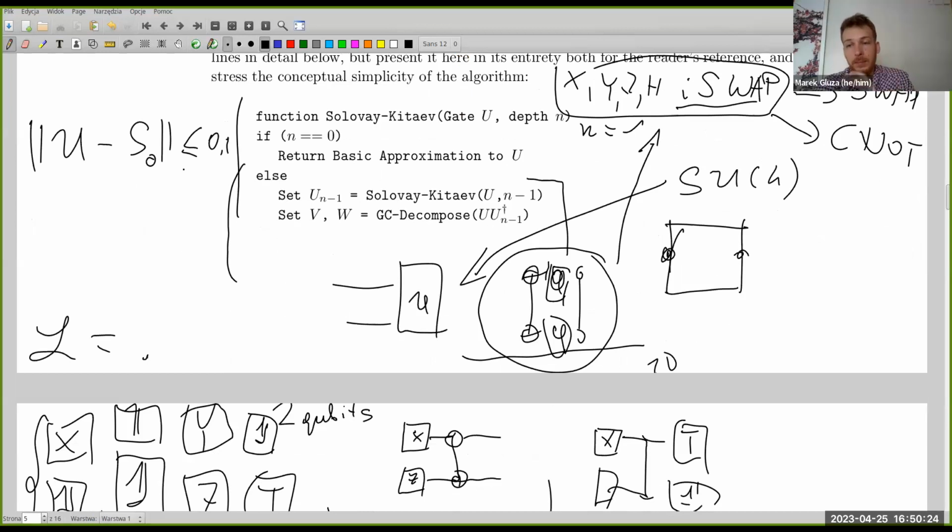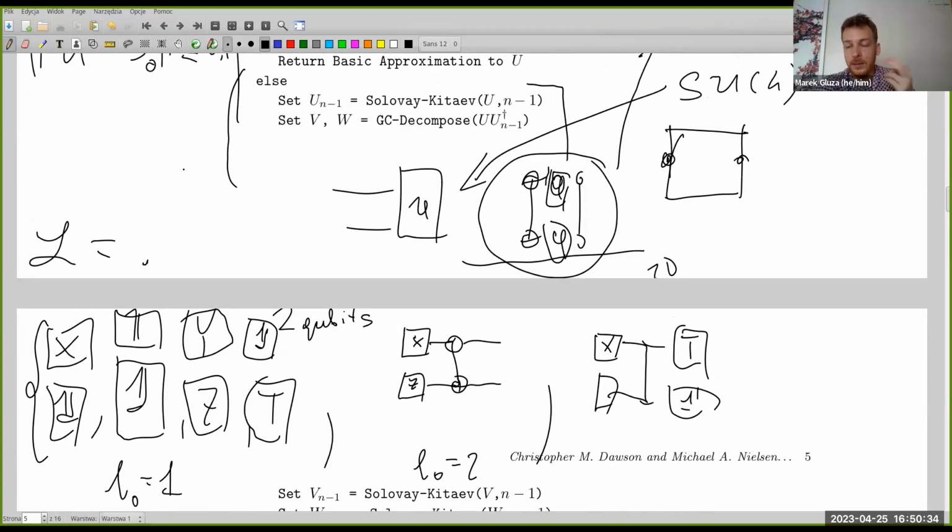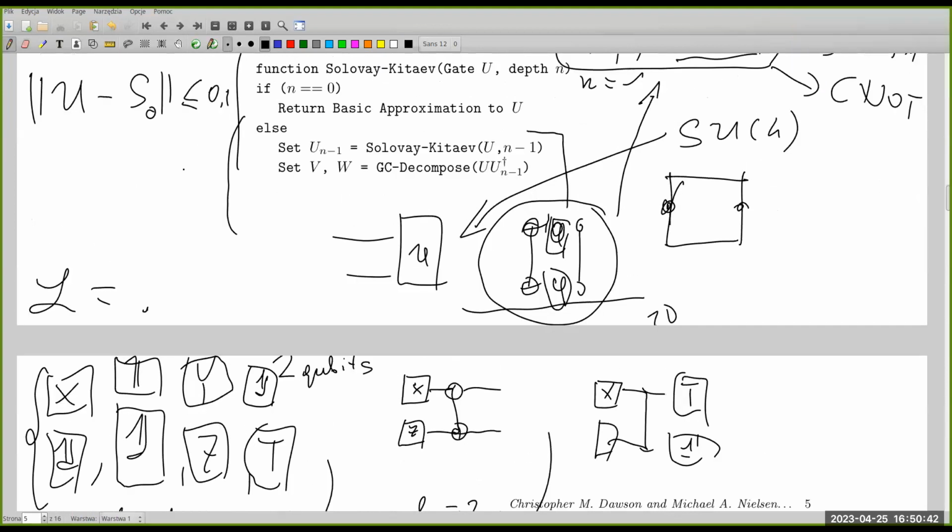So a lookup table will not work for more than a few qubits. It will be terrible, as you see from this endless list that I started writing. For 2 qubits, we can do it more or less analytically. For 3 qubits, it's maybe already interesting to use Solovay-Kitaev and play some tricks. The thing is that if you have a good starting idea, then you're already quite good.